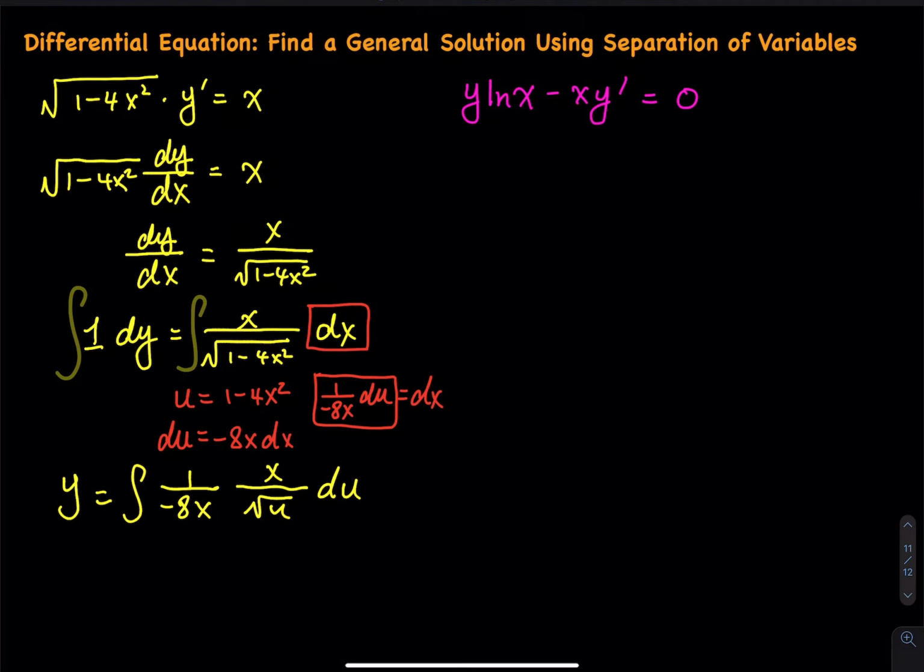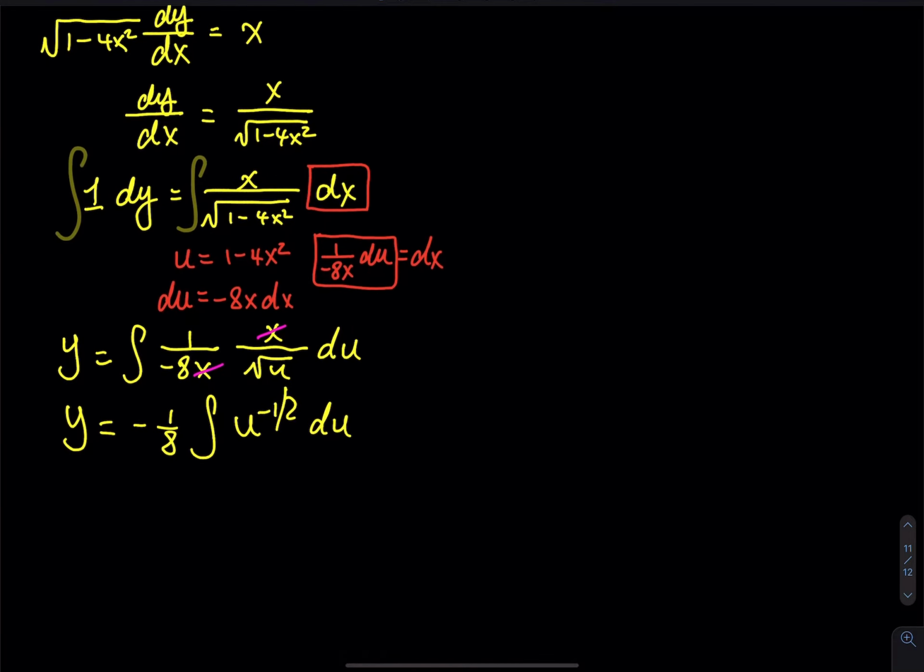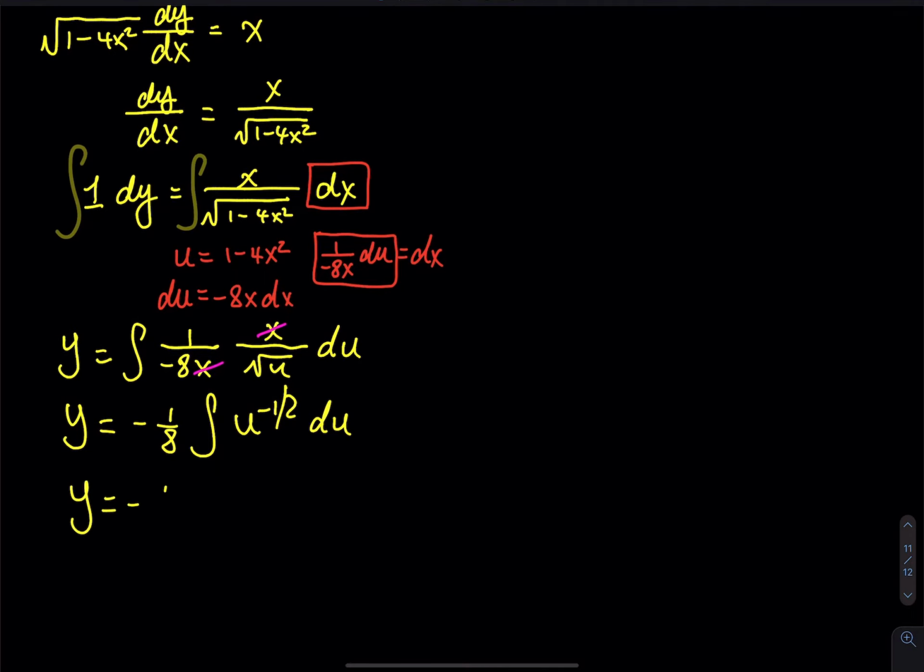So let's use a different color to draw that. The x got cancelled, and then this is the integral of u to the negative 1/2, right? So y is equal to negative 1/8 times the integral of u to the negative 1/2 du, and then y is equal to negative 1 over 8.